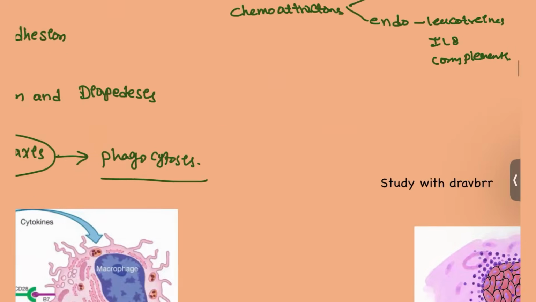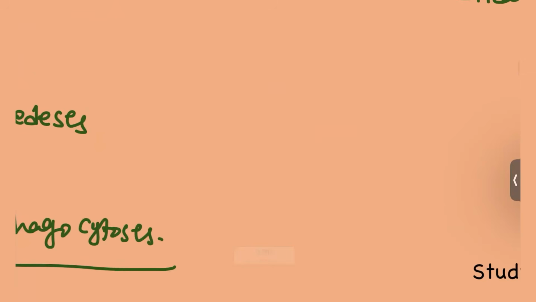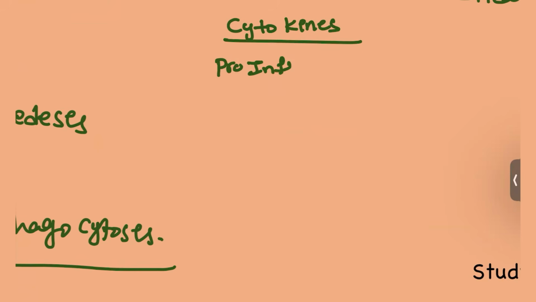Next, some of the cytokines that are going to play the major role here in the acute inflammation. Let's see what those are. So we have the pro-inflammatory, which increase the inflammation, and the other is the anti-inflammatory, which will inhibit or stop the inflammation. What are those cytokines?